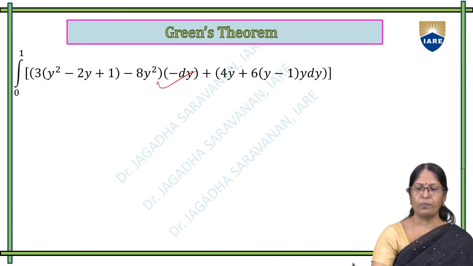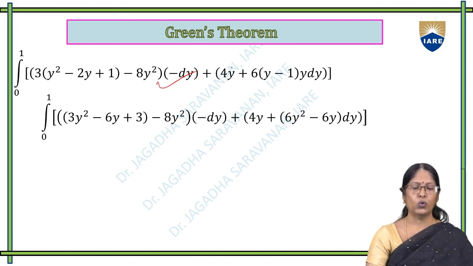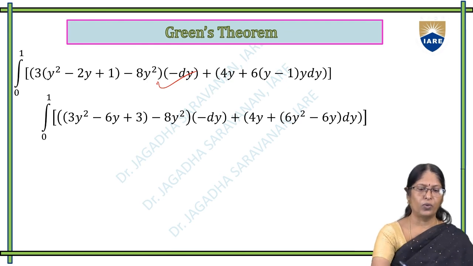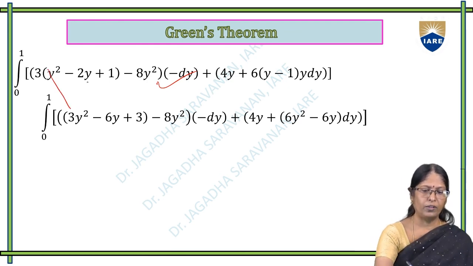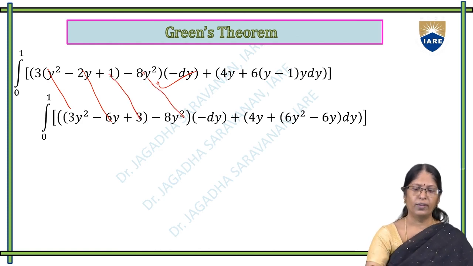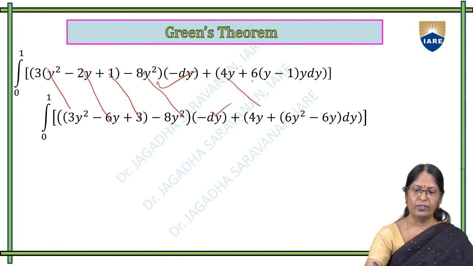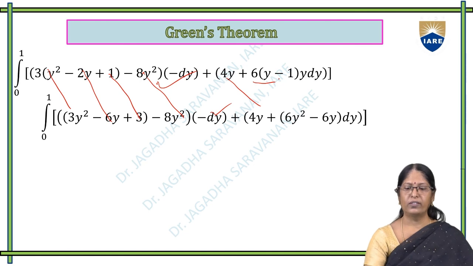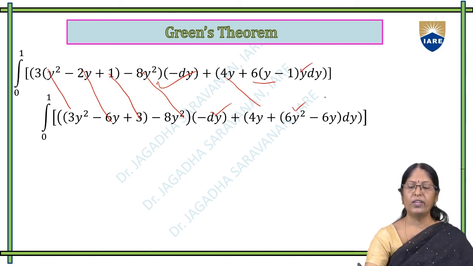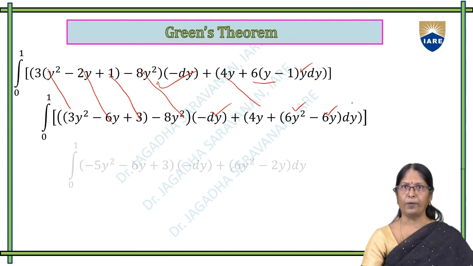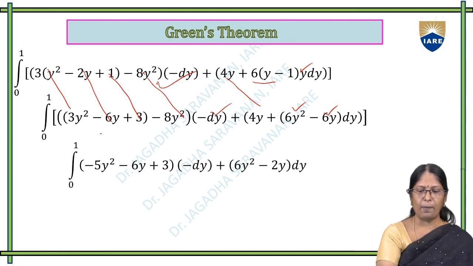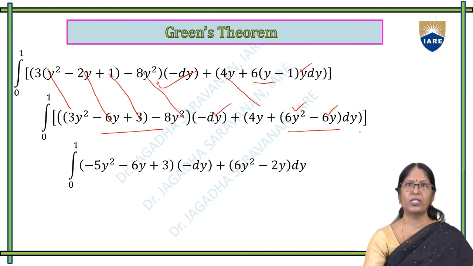So the last step is written again: 0 to 1, 3y square minus 6y plus 3 and minus 8y square, this is minus dy, and 4y. This put together with 6y into y, 6y square minus 6y, of dy. This completes the simplification part.